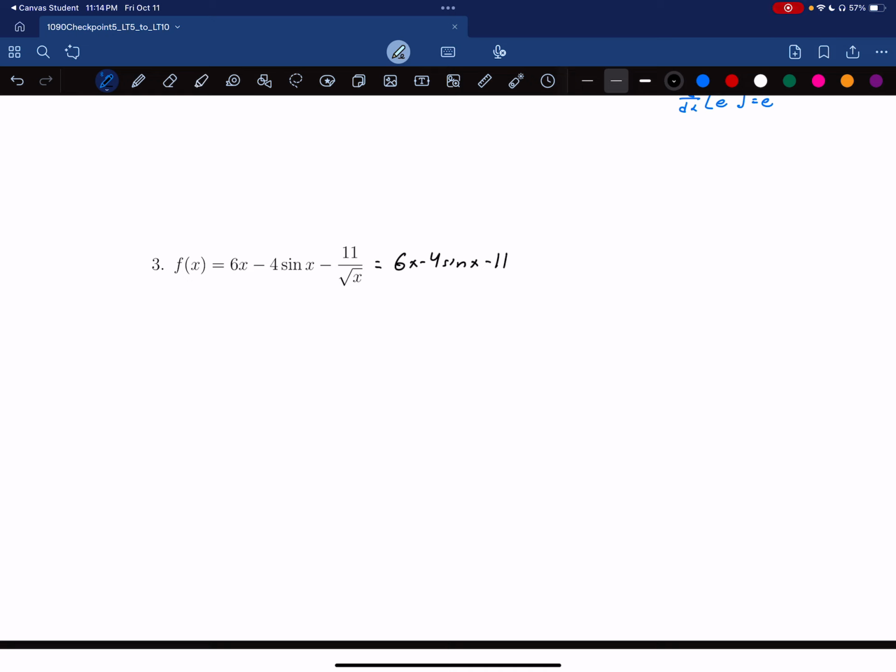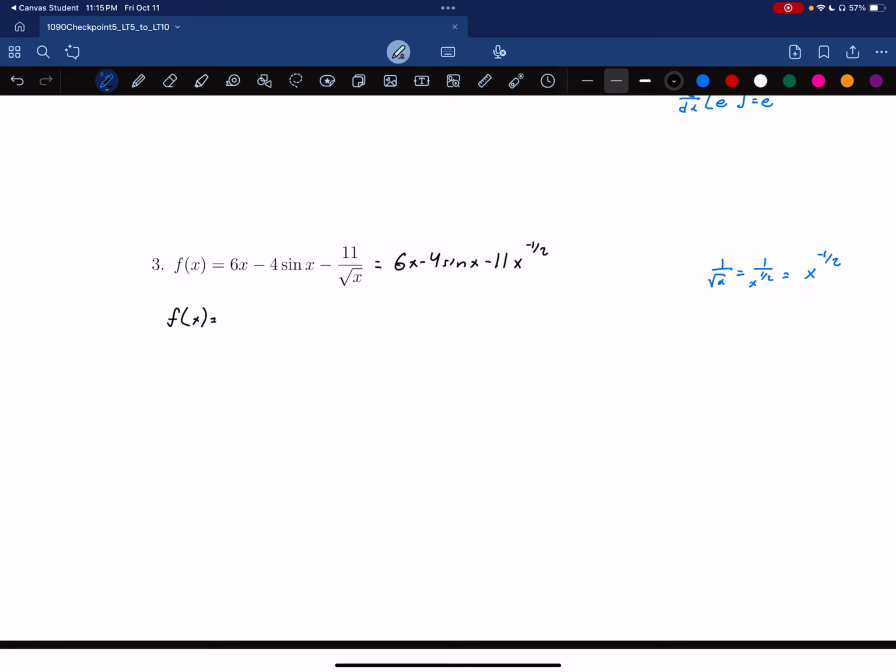So that 11 will be a good coefficient, and then we have 1 over the square root of x, which is equal to 1 over x to the 1/2 power. But getting it in a little bit better form, we'll have x to the negative 1/2. That's the best form for using the power rule. All right, now we can take a derivative.